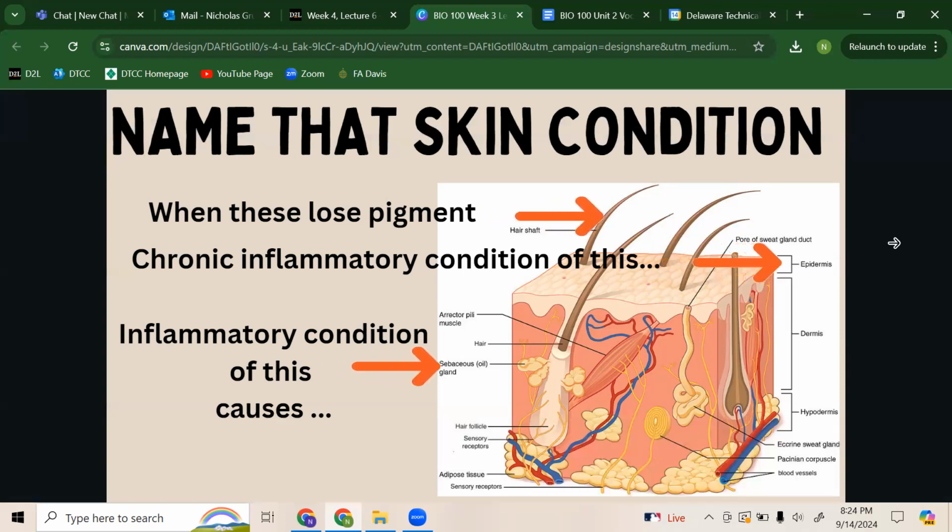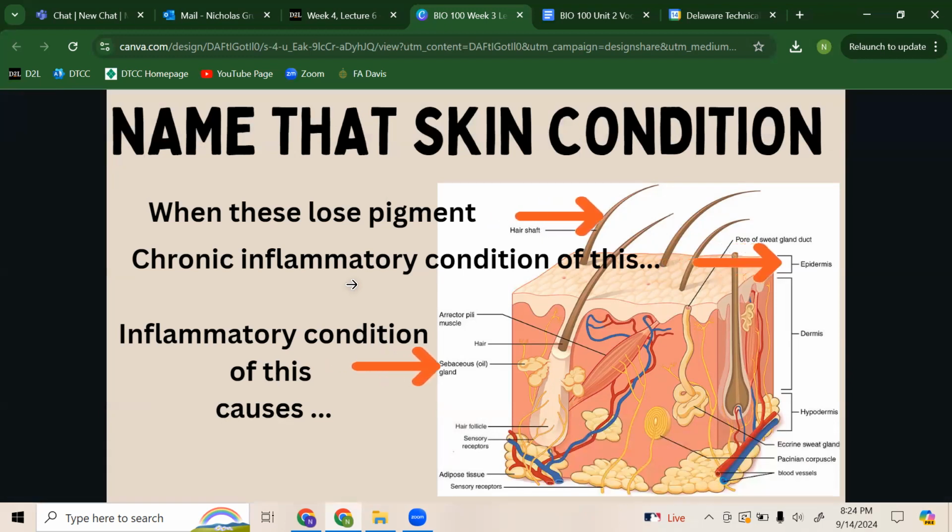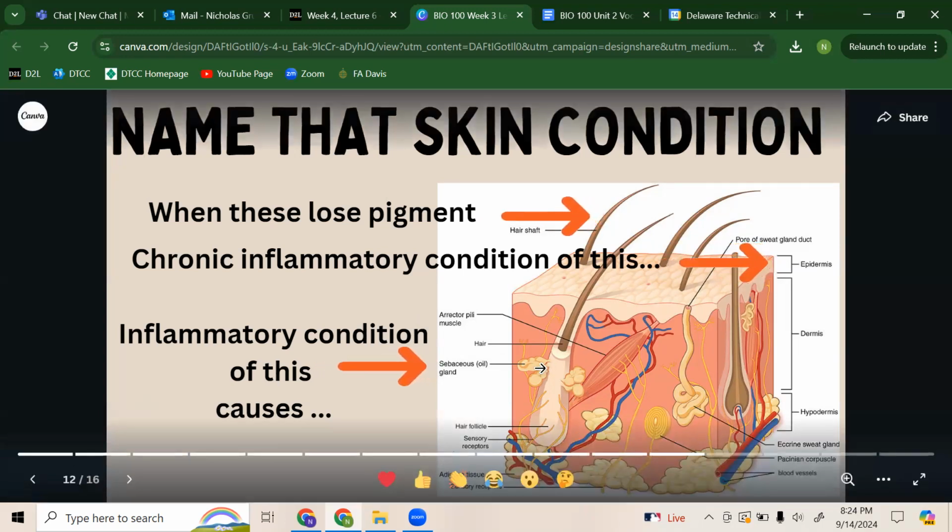A chronic inflammatory condition of the epidermis is going to be dermatitis. Then an inflammatory condition of a sebaceous gland is going to be called sebitis. Seb is our word root, sebitis, and that is what causes acne.